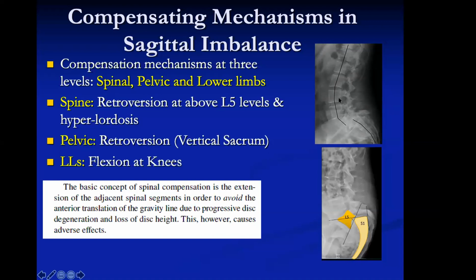It goes backwards to maintain the center of gravity. I hope you understand. So when the trunk goes forwards, it is leaning forward, so the upper part of the thoracolumbar spine goes posteriorly. This is to maintain the center of gravity. So that is one way of the body trying to get your balance right.